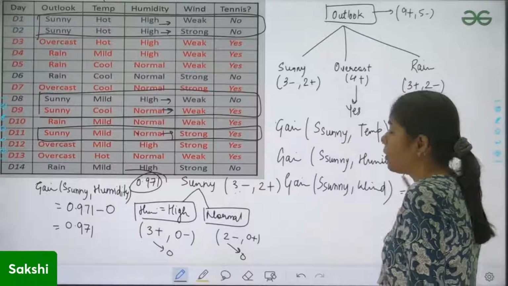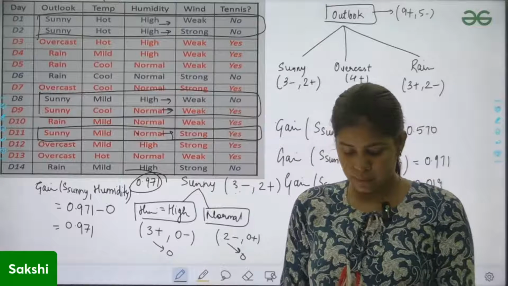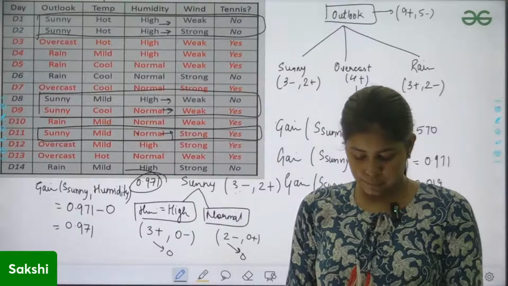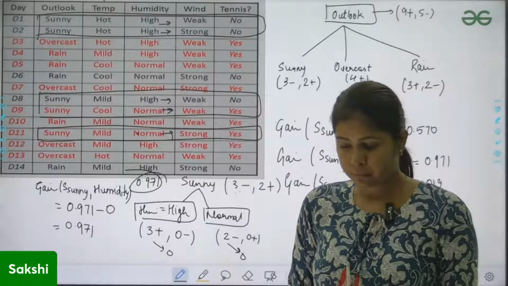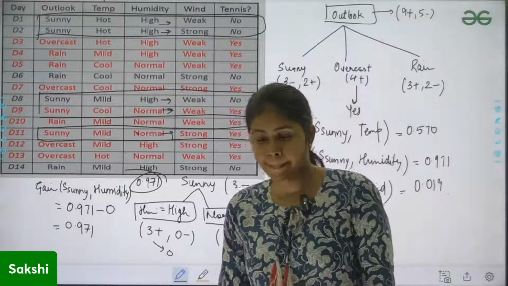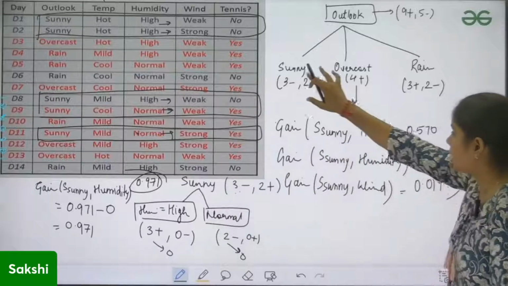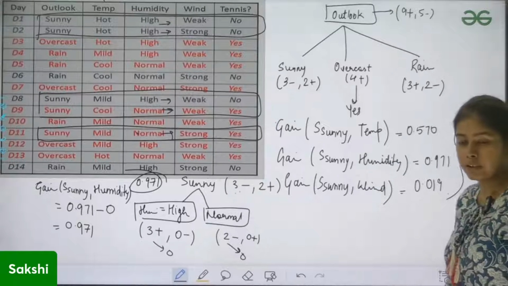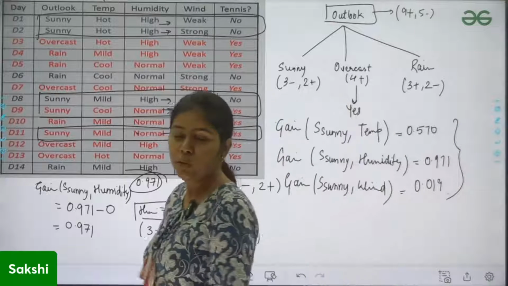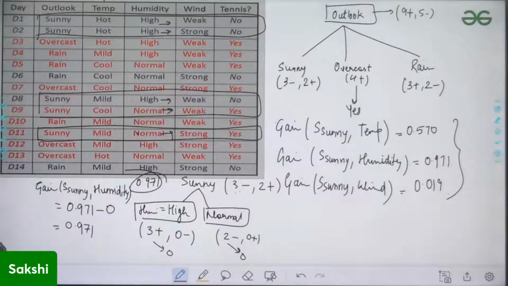Can you tell me which feature I am going to split with? Let me know in the chat section, guys. Temperature, humidity or wind, which feature am I going to use?